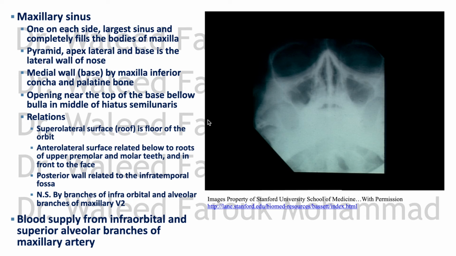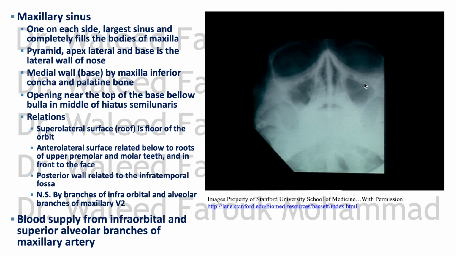The maxillary sinus is the largest one, and occupies the body of the maxilla. It's like a pyramid in shape. It has a roof, which is the floor of the orbit. It has an anterolateral surface, which is related to the roots of the molars and premolars, and anteriorly to the face.